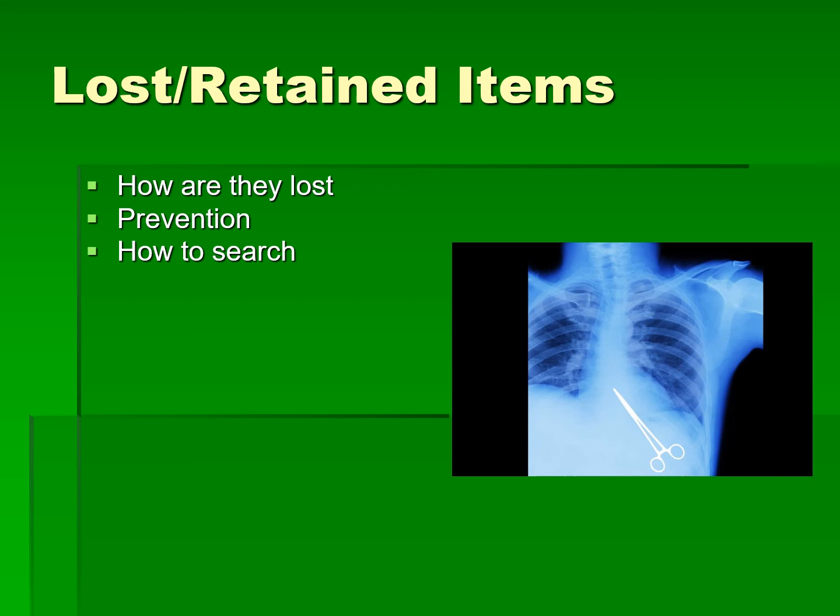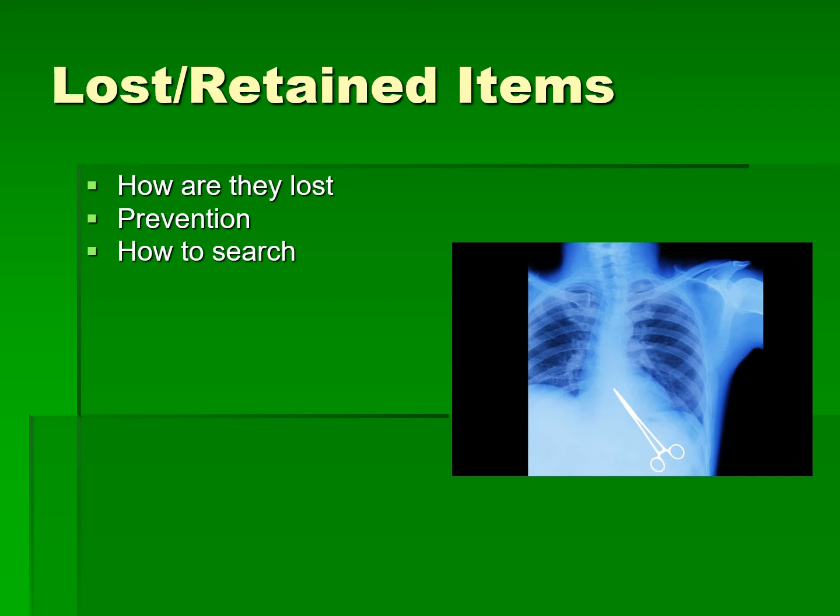You want to start looking around on the floor, in and around the OR table. Perhaps it is under your Mayo stand. Sometimes where the Mayo stand goes over the patient, that's a good place for things to get misplaced. So you want to start looking around, under shoes, between feet.